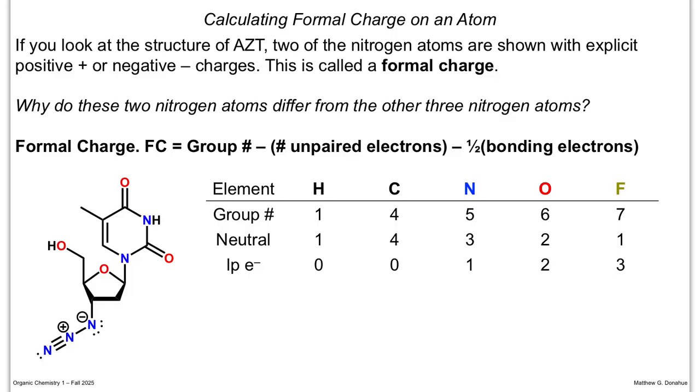Carbon, it's 4, nitrogen 3 plus a lone pair, oxygen 2 plus 2 lone pairs, halogen 1 plus 3 lone pairs. But remember, from those 4, 3, and 2, you can have single, double, triple. They can be different based on the hybridization. So if it's not the neutral or normal bonding pattern, we have to assign a charge.